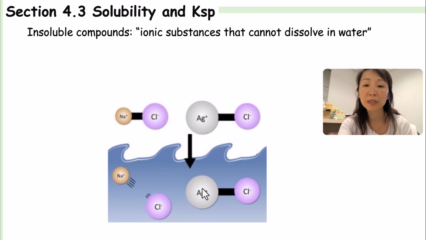So for example, say you have lots of silver chloride, so this represents silver, and this is chloride, lots of it. You got the idea.